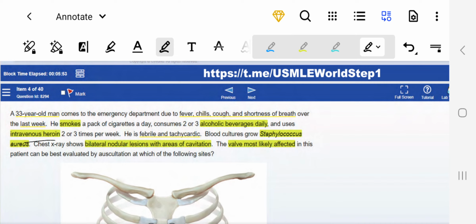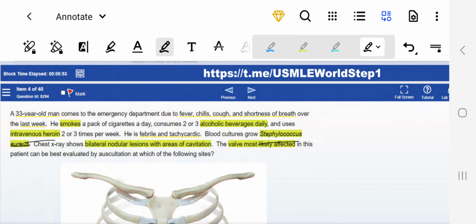Staph aureus with IV heroin will cause tricuspid valve involvement, because Staph aureus in IV drug abusers causes infective endocarditis, and whenever it causes infective endocarditis, that would lead to septic emboli.